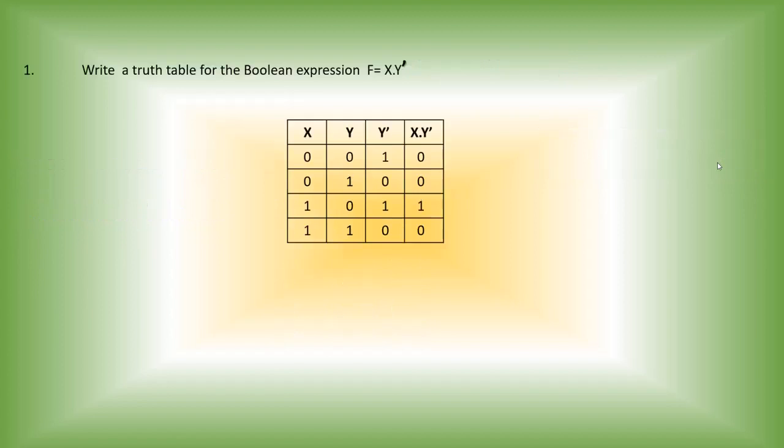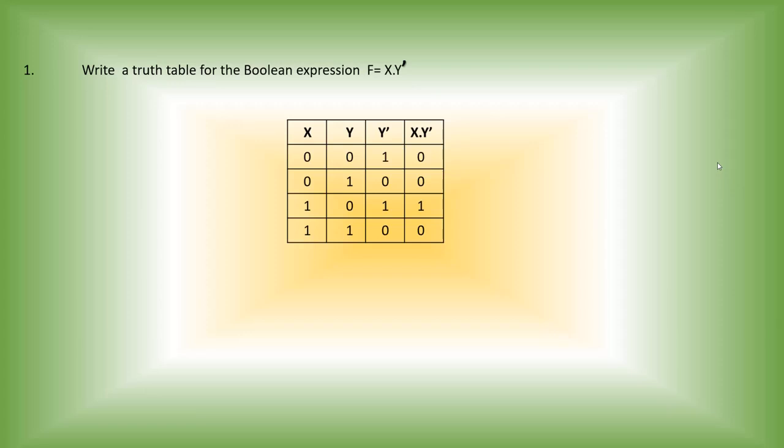Now the next one is, see, one problem is there. Write a truth table for the Boolean expression f is equal to x into y complement, or I can read it as x and y complement, or x y complement. So how many variables are there? Only x and y. So only 2 variables are there.